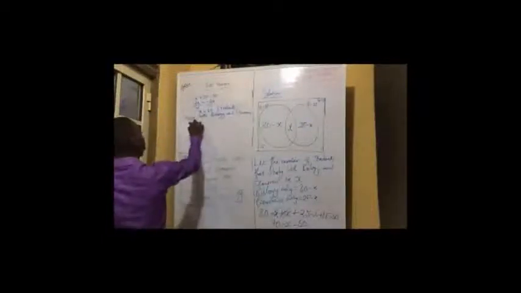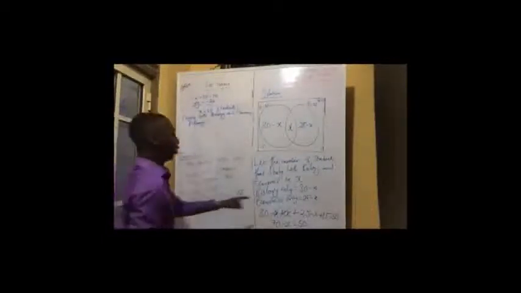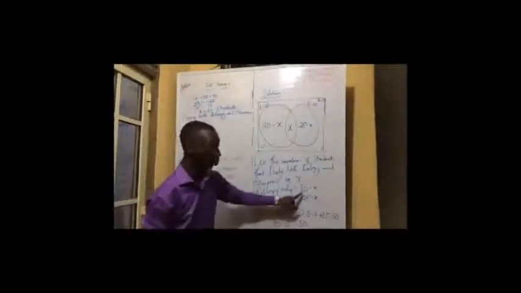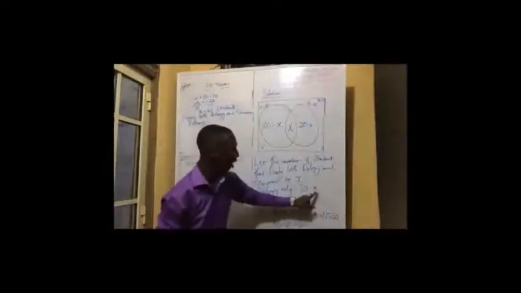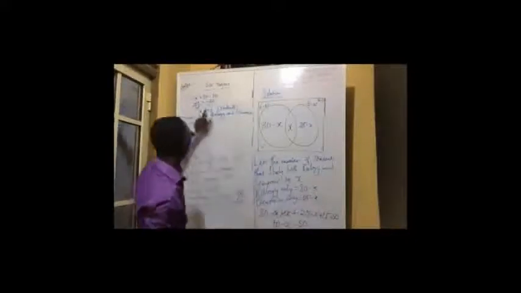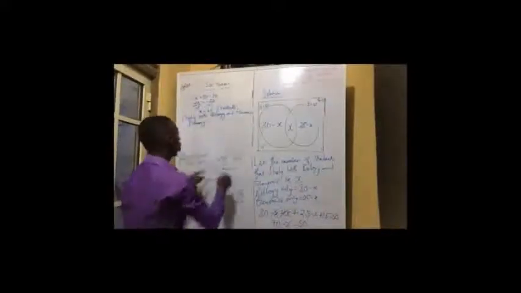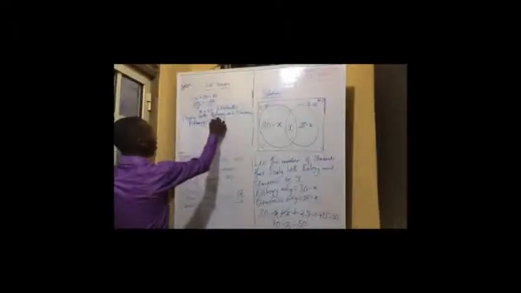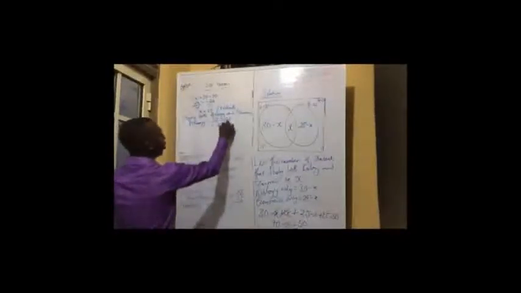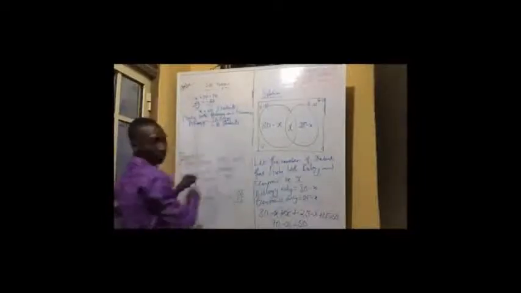Just go back to your biology only. You were given biology only to be 30 minus X. You have found X to be 20 already. So 30 minus 20 gives me 10. So 10 students study biology only.